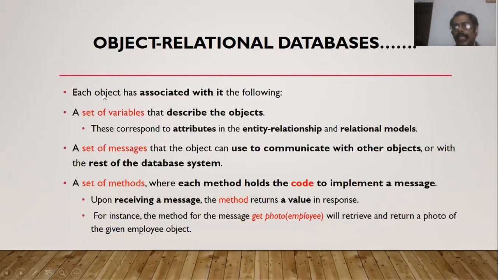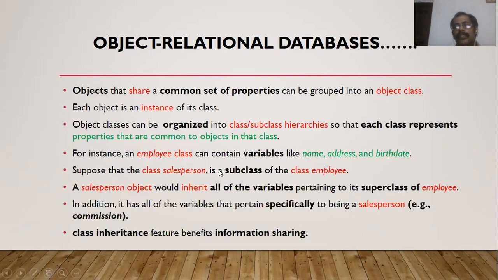Then the things associated with an object: a set of variables, a set of messages, and a set of methods. Then the inheritance property. We discussed the inheritance property, that is how hierarchies are formed and handled by object relational databases. The class inheritance feature benefits information sharing.